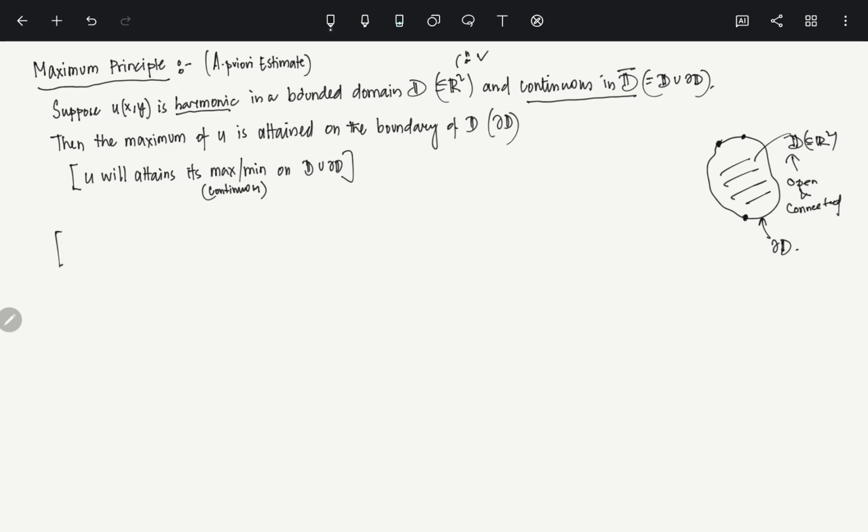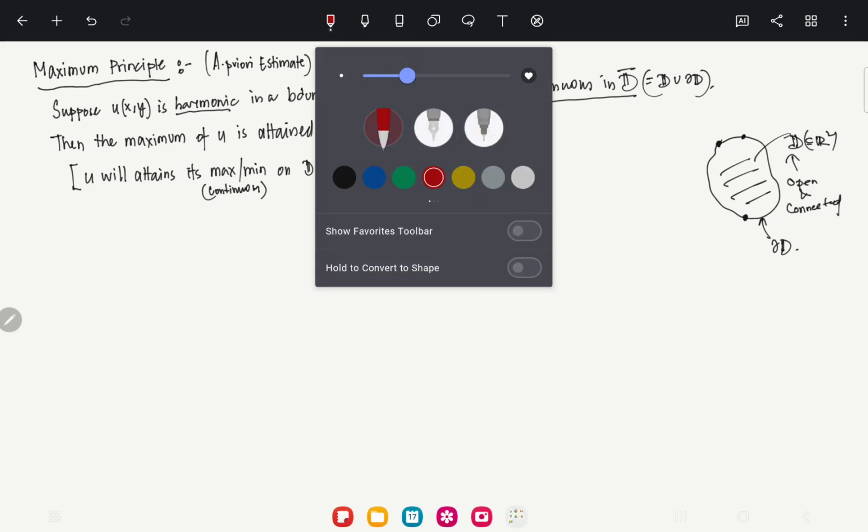So physically, what does it mean? Let me do this part physically. Maybe I can put it in red.